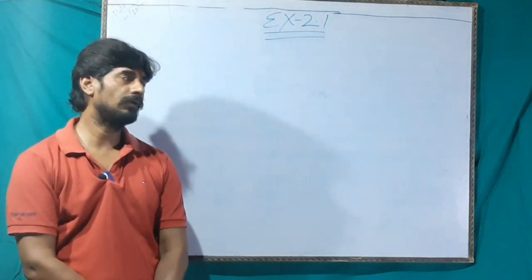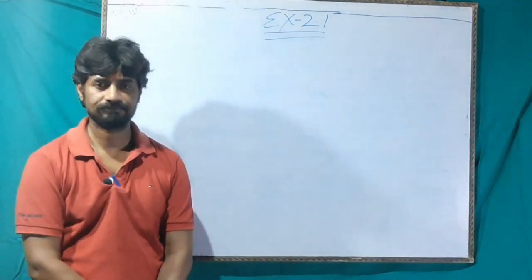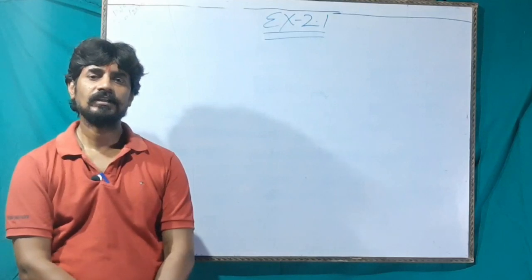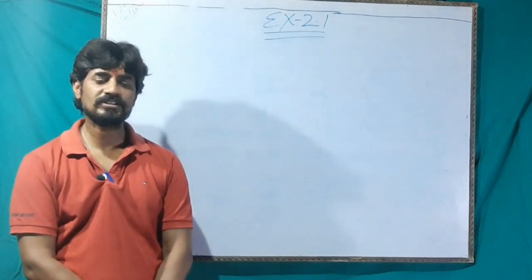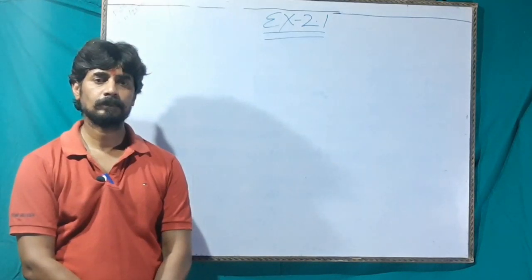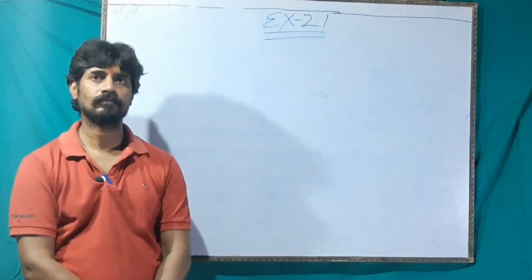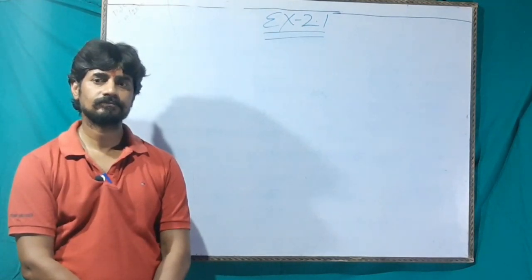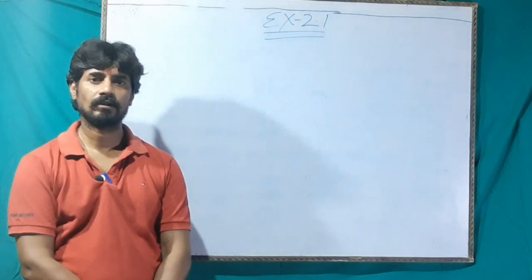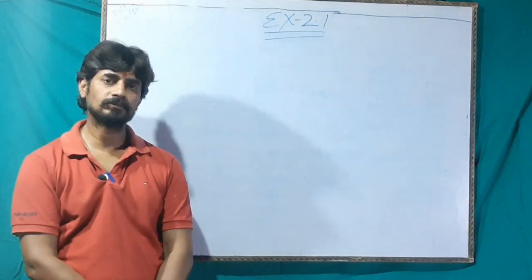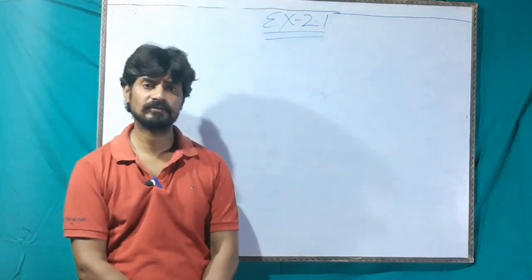Now we will discuss the coefficient. In a polynomial, coefficient is used for the constant terms. For example, 5x square.